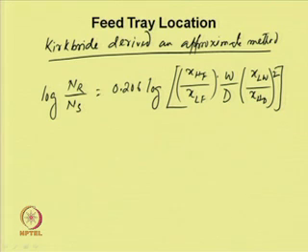So, the x_hf, x_lf, W, D, x_lw and x_hd, which are defined before, have similar significance. N_r is the number of theoretical trays in the rectifying section, and N_s is the number of theoretical plates in the stripping section. Then from this we can obtain the location of the feed tray.